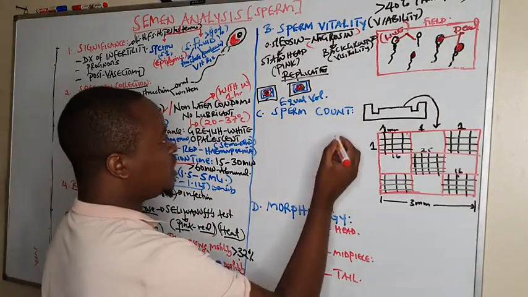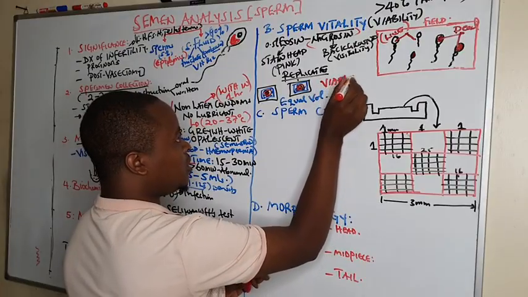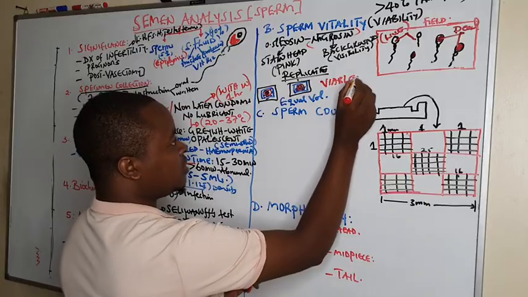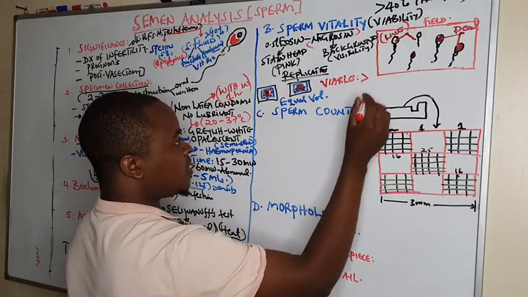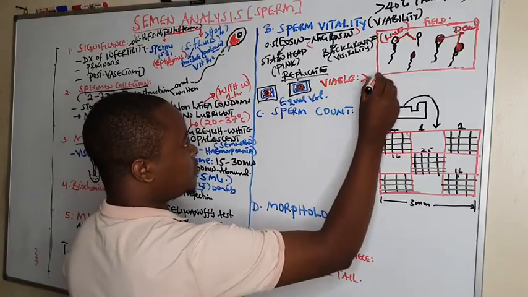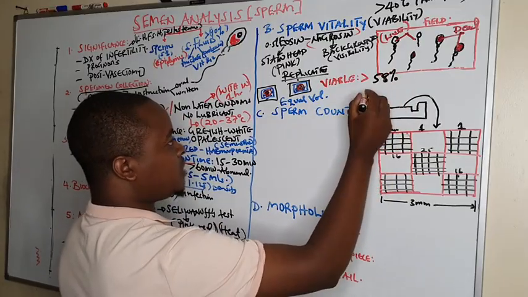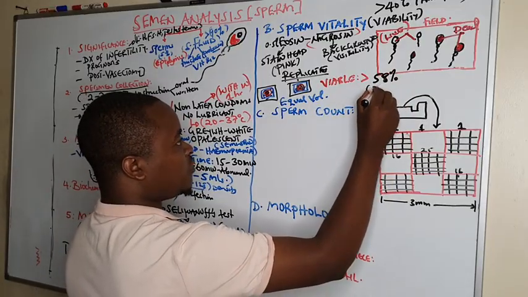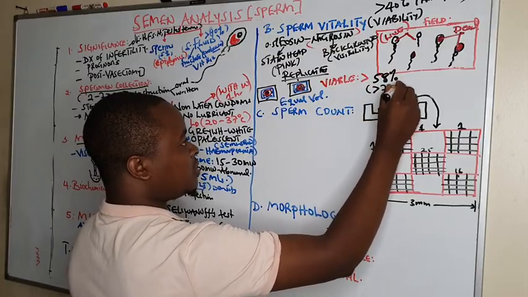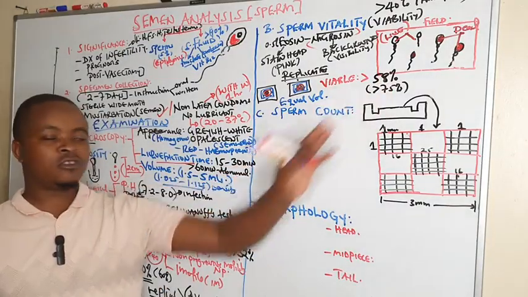And according to the reference range, viable sperms according to WHO 5th edition should be greater than 58%, though other literature gives greater than 75% of the sperms should be viable.